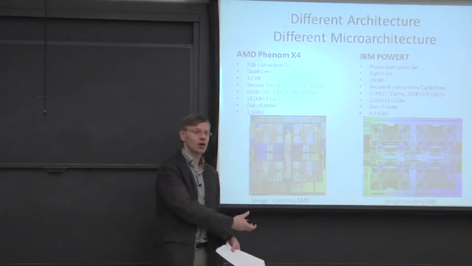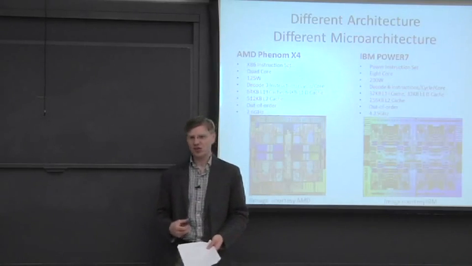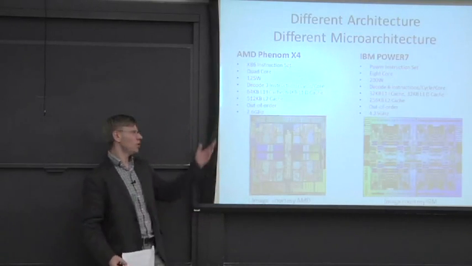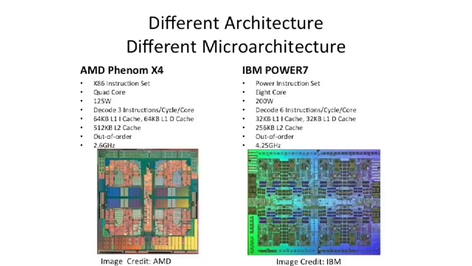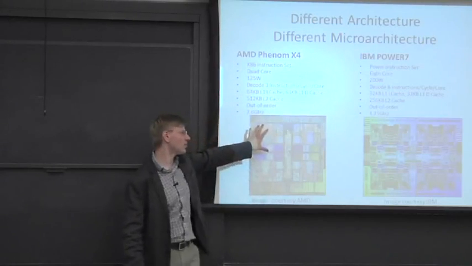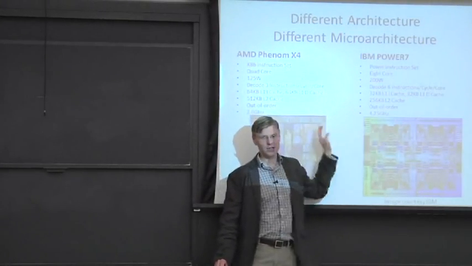So you can't run the same software on those different instruction set architectures. So here we have an example of 2 different instruction set architectures with 2 different microarchitectures. We have the Phenom X4 here versus the IBM Power7. We already talked about the X4, but the Power7 has the Power instruction set, which is different than the x86 instruction set. So you can't run one piece of code that's compiled for this over here, and vice versa.